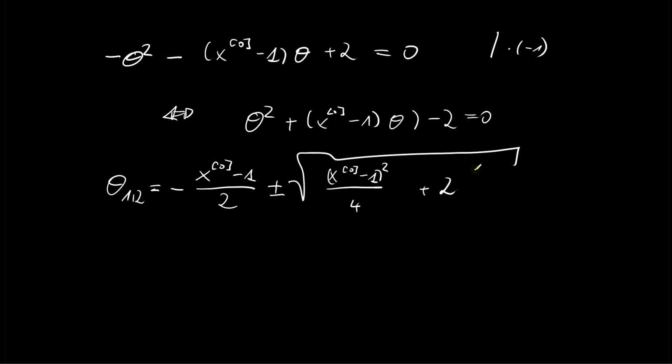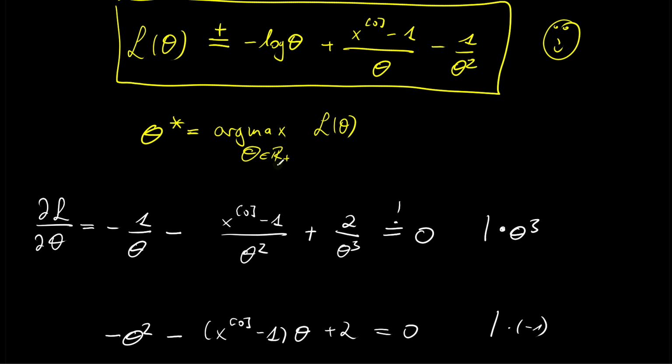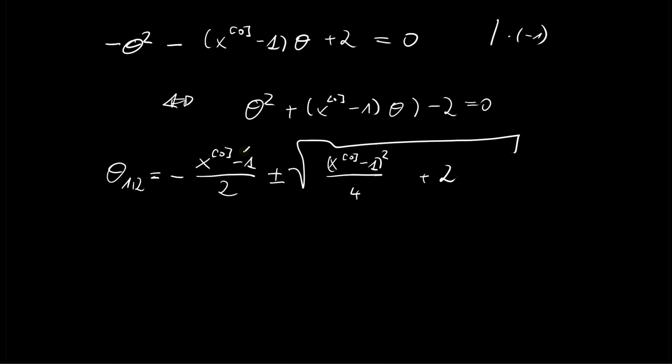And now we have to take a sharper look because we actually had a constraint. The constraint was that theta is only allowed to be positive. So this one will be a negative value, and if we then subtract a value from a negative value, we're going to have something that is even more negative.